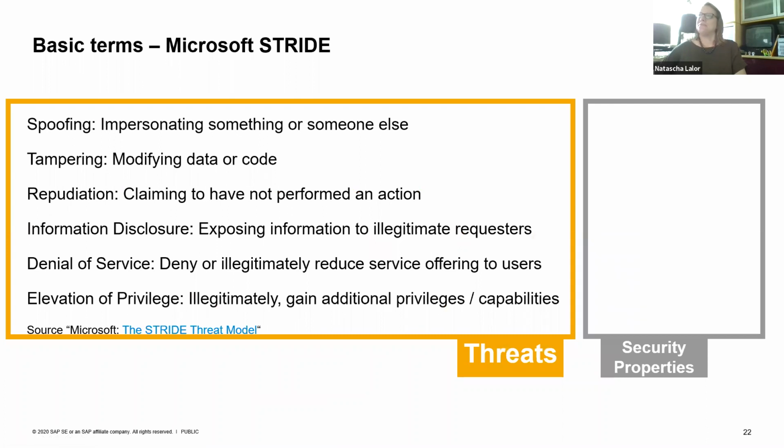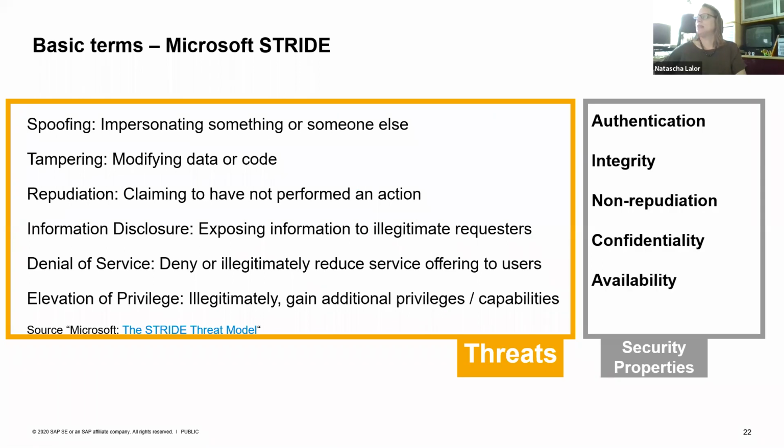But good, so what does STRIDE stand for? Spoofing, of course, is impersonating someone, so that's basically part of the authentication. Tampering is modifying anything, so basically the data integrity.